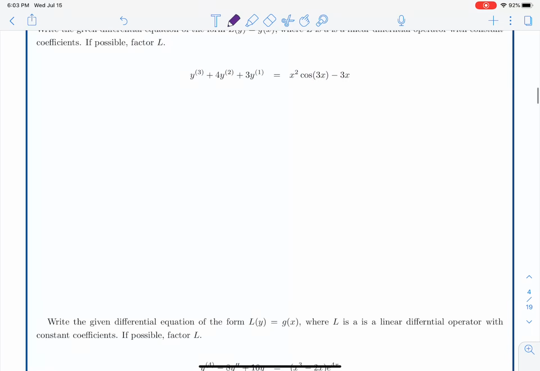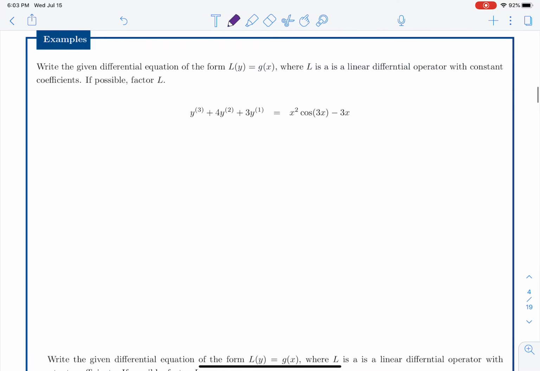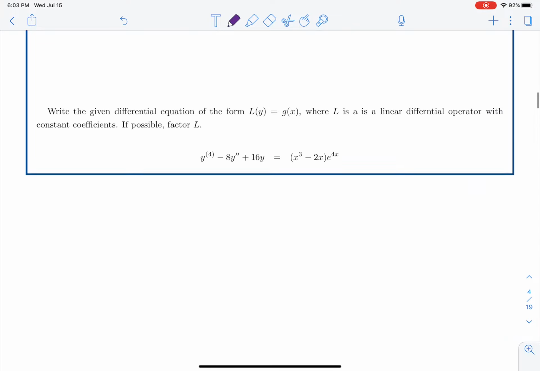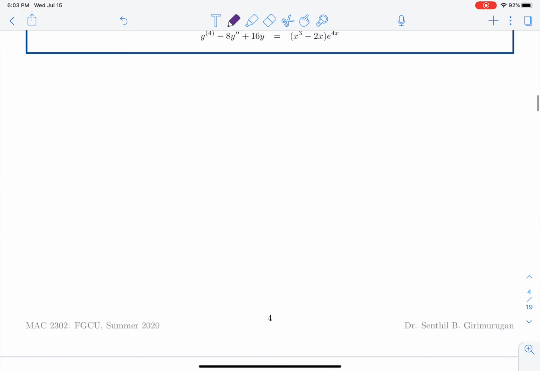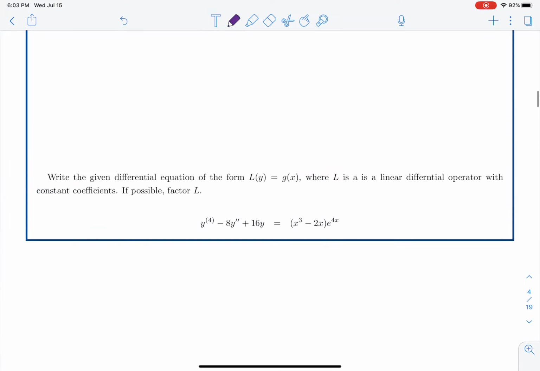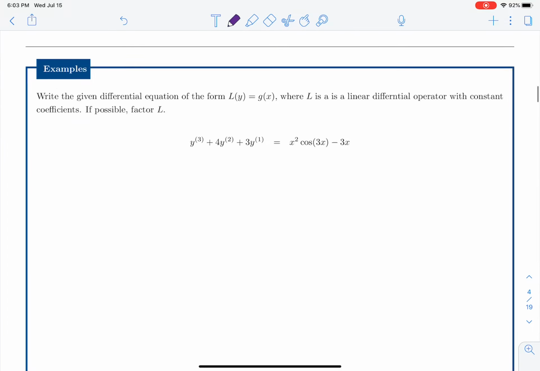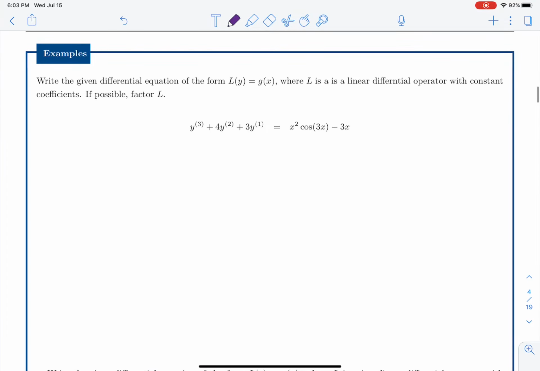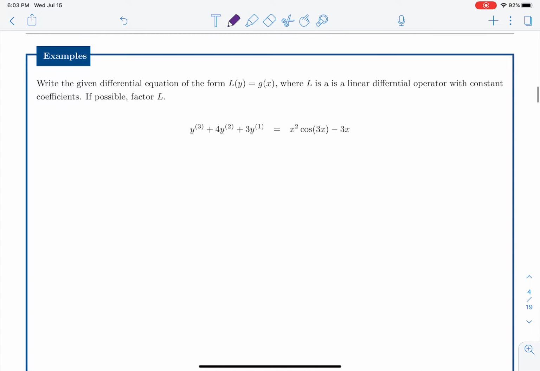Here we have a third order differential equation, and we would want to write it in the form L of y equals g of x. I feel like I'm missing something in this question.